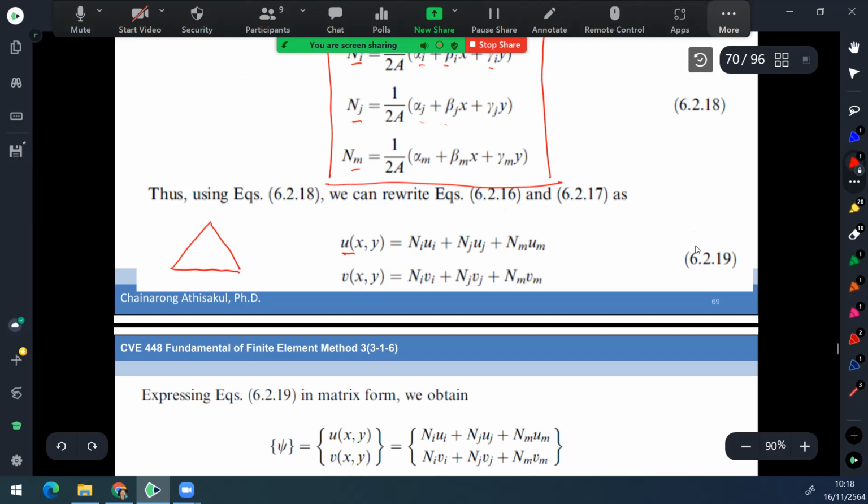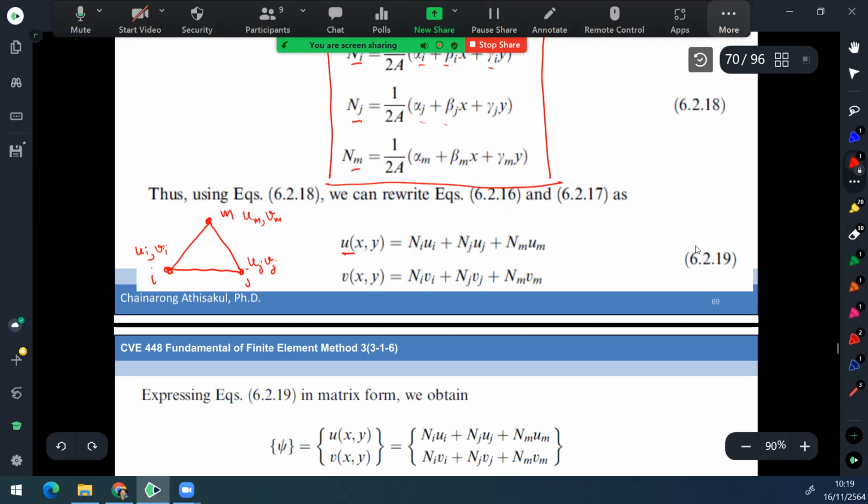We have the element. This is node i, this is node j, this is node m. After we proceed with the finite element procedure, we obtain the displacement at the nodes, that is ui, vi, uj, vj, and um, vm.